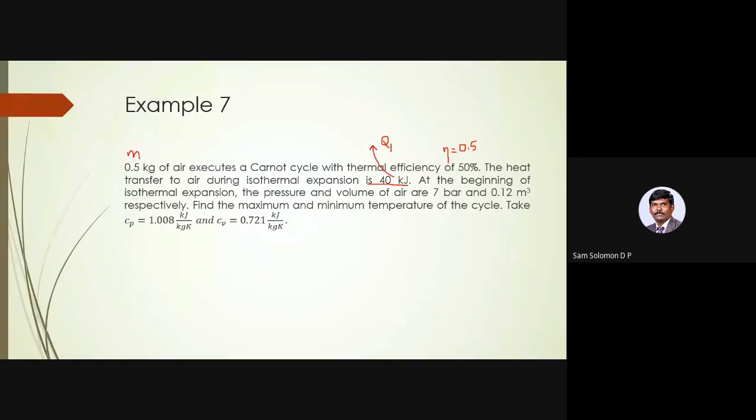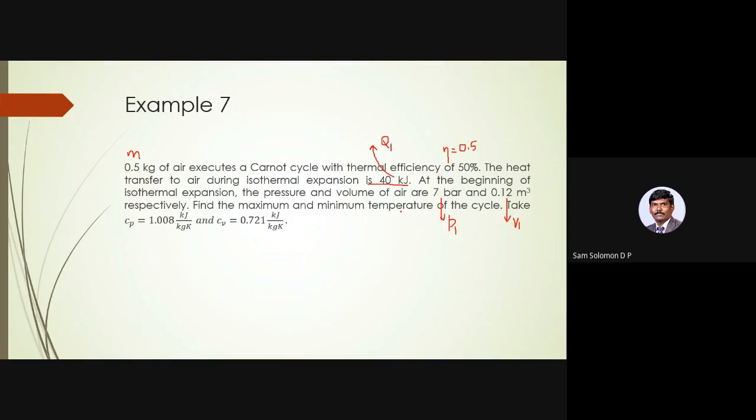At the beginning of isothermal expansion, the pressure and volume of air are 7 bar and 0.12 meter cube respectively. So they have given you the initial pressure and initial volume; this 0.12 meter cube is V1. Find the maximum and minimum temperature of the cycle.